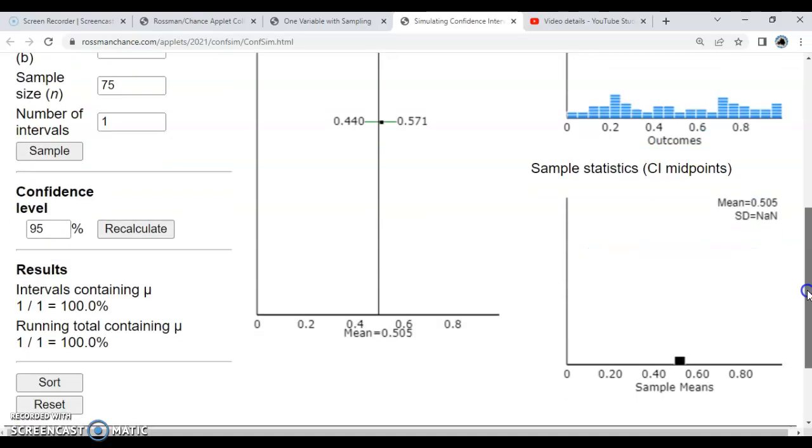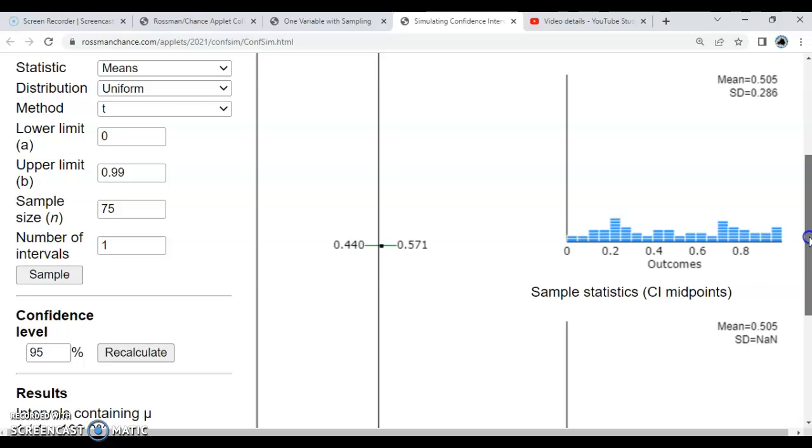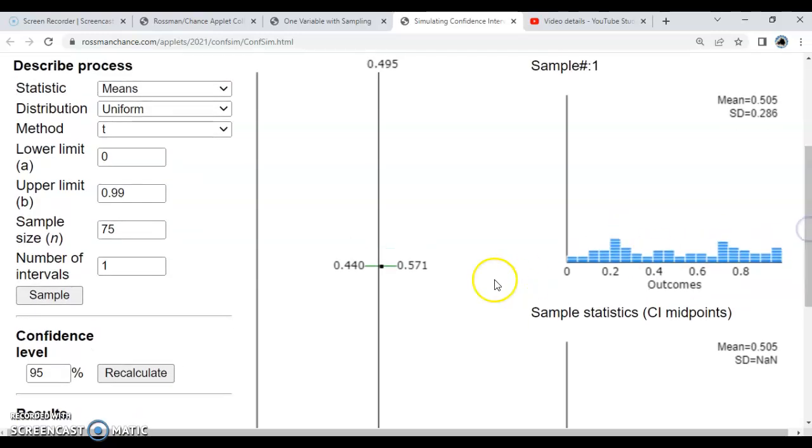The mean of that sample was 0.505. So this confidence interval successfully traps the actual population value. That's 0.495, the population mean, that is. So that's what we're using confidence intervals for, right? This is like an estimate. This range of values estimates the value of the population mean.